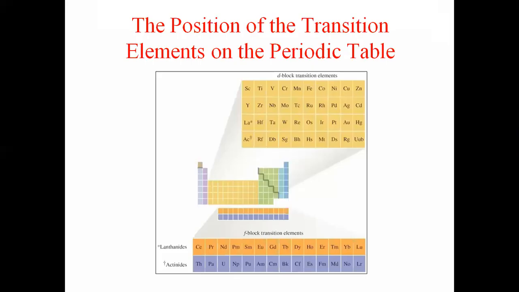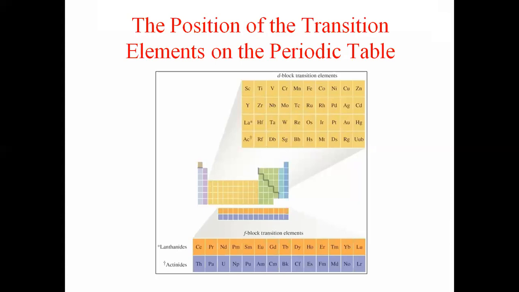Just now I have discussed these 4 series, 3D, 4D, 5D, and 6D, which are enlarged here. This is the 3D series of elements. This is the 4D series. This is the 5D series, and this is the 6D series. These 4 series of D block elements are known as the transition elements.